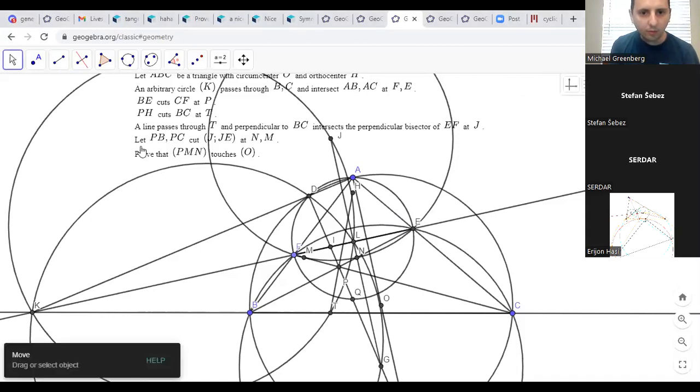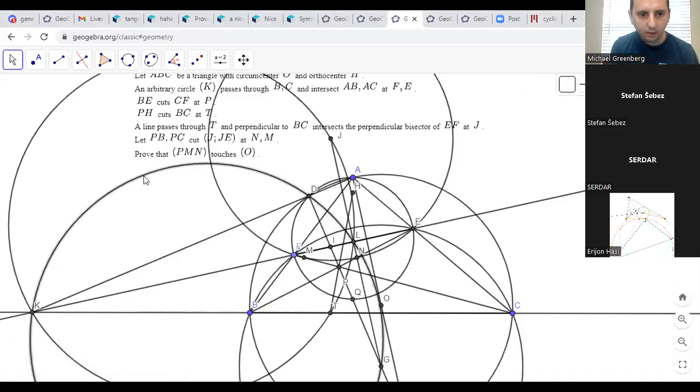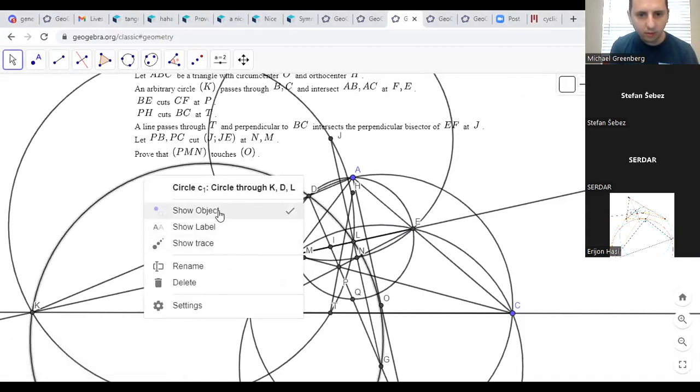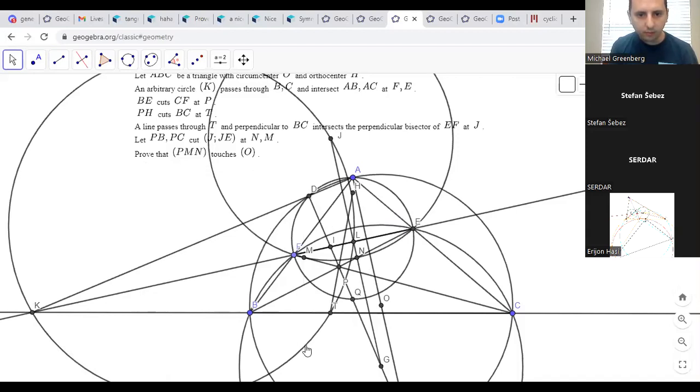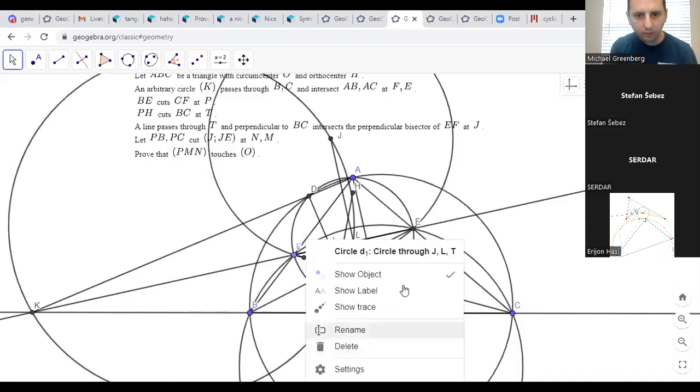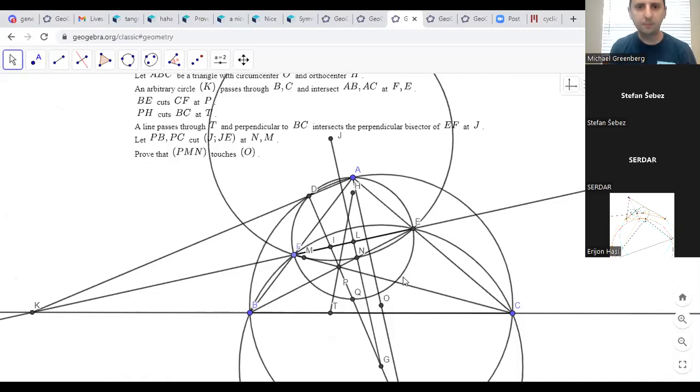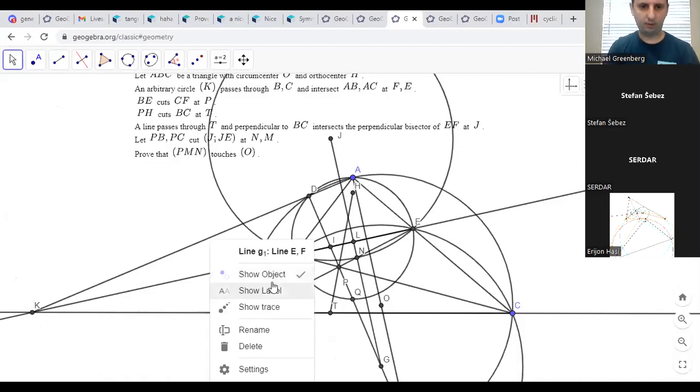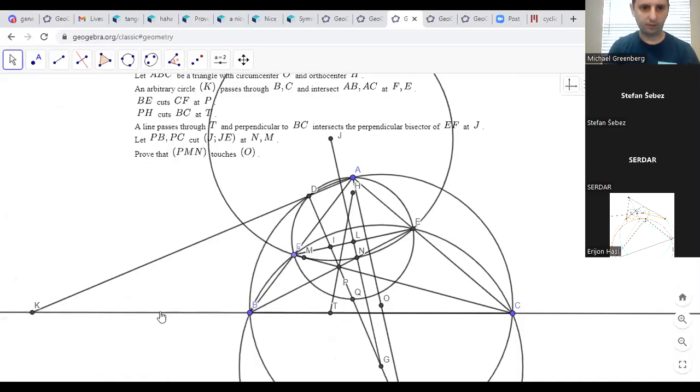Yeah, so this one, like this one and this one. Let me make this look a little better.